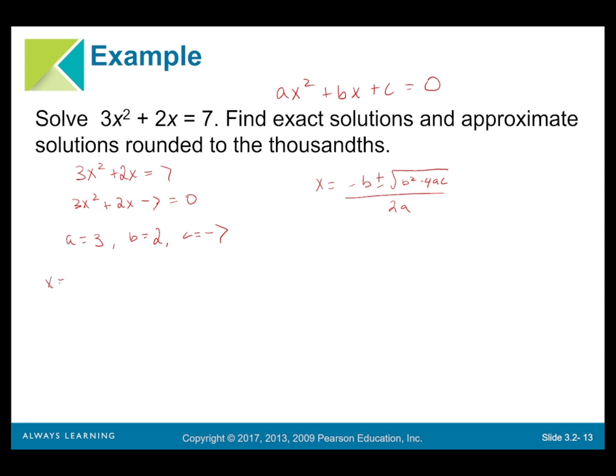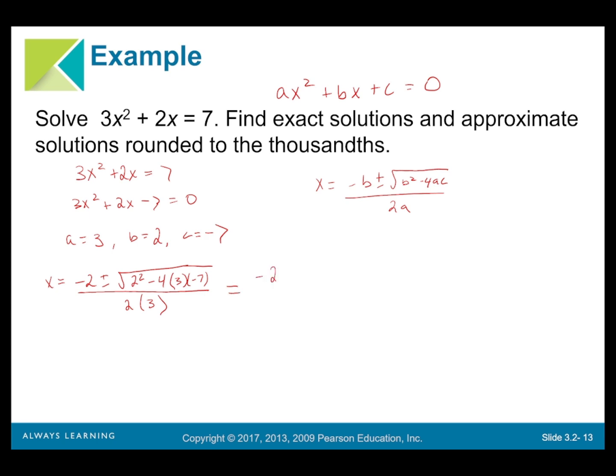So I get x equals -2 plus or minus square root of 2 squared minus 4 times 3 times -7, all over 2 times 3. Now I like to double check. I got -b, which is -2, plus or minus square root b squared, which is 2 squared, minus 4 times a times c all over 2a.